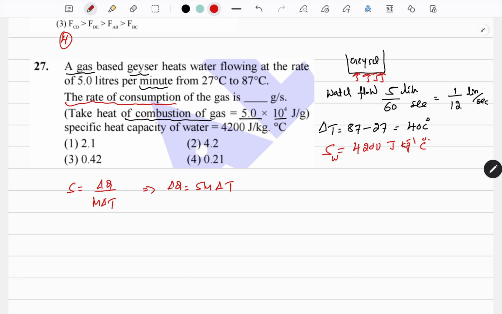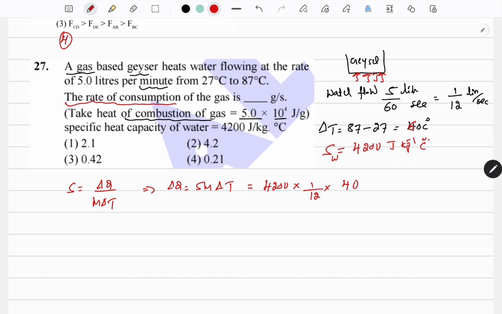Then how much heat is required? So that is the specific heat capacity 4200 into m, the mass. Mass per second is how much? That is 1 by 12 into 40, into 60.